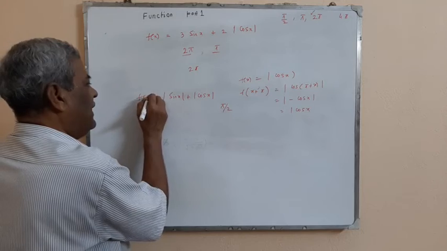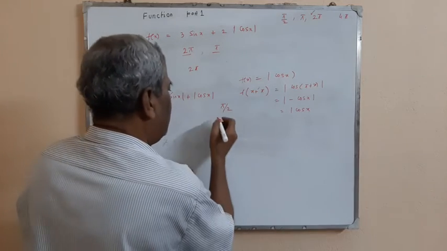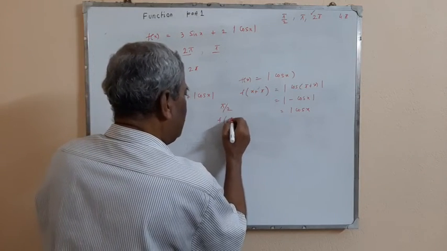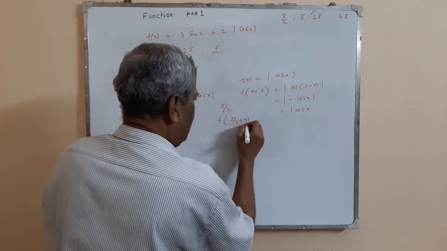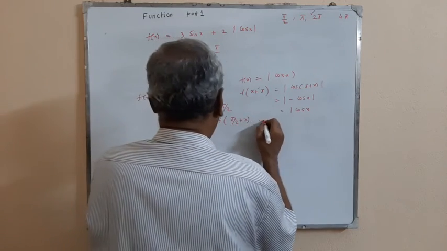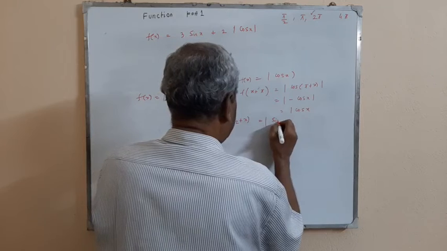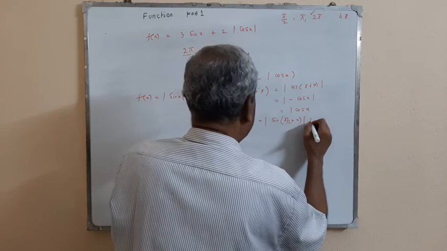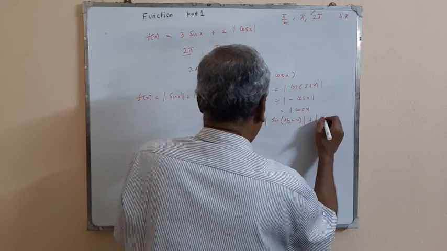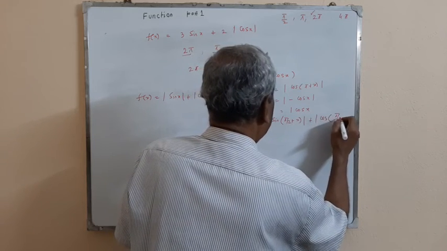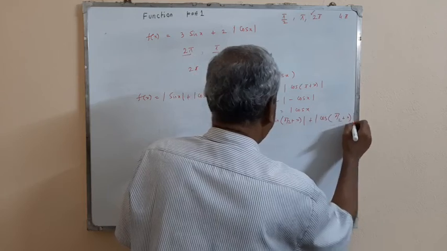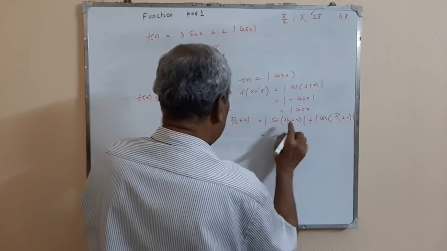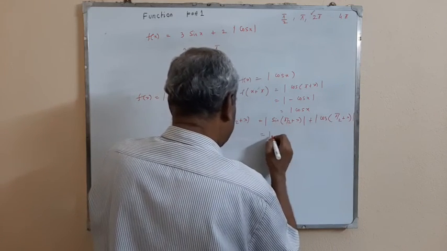Because if we take f(x) equal to that, f of pi by 2 plus x will be equal to mod of sine of pi by 2 plus x plus mod of cos of pi by 2 plus x. The first value is mod cos x.